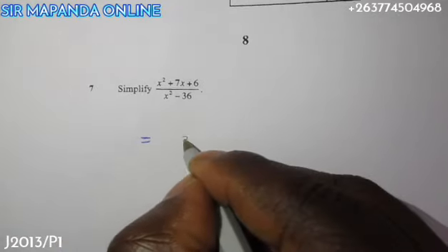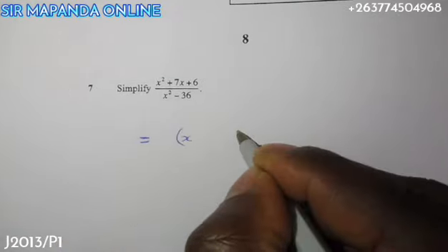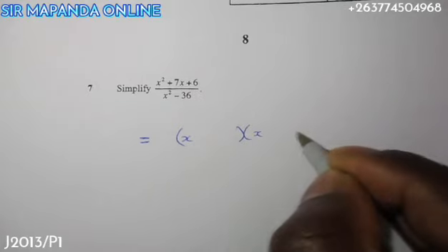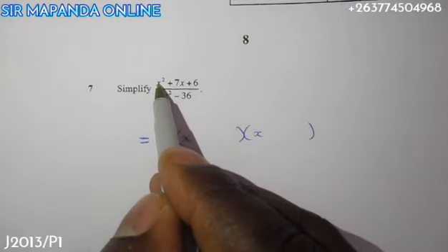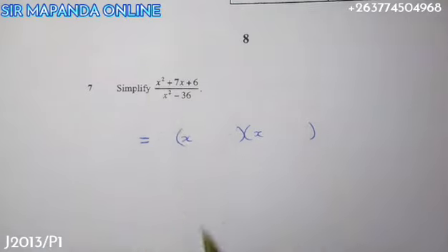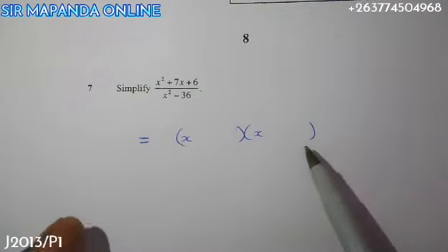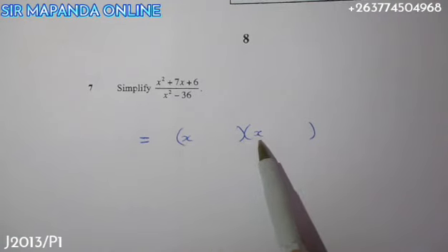So I'm going to factorize the numerator first. If you have x squared with a coefficient of 1, it is very easy to factorize such quadratics. You put 2 brackets, then you put x, you put x.